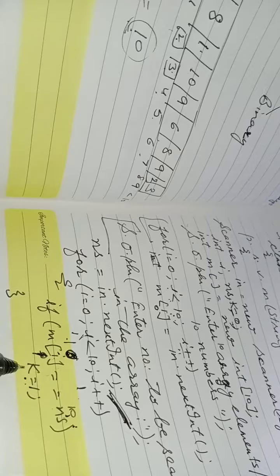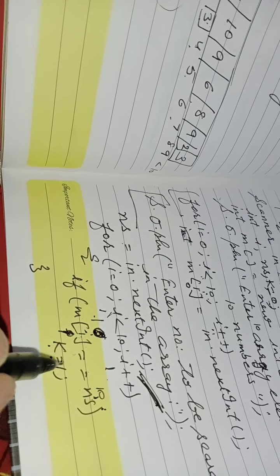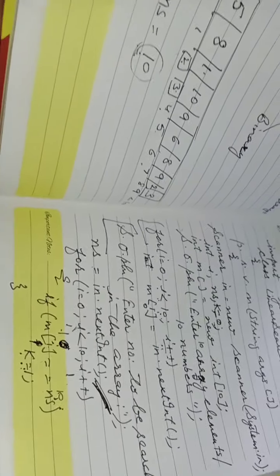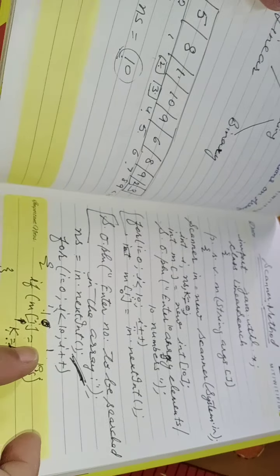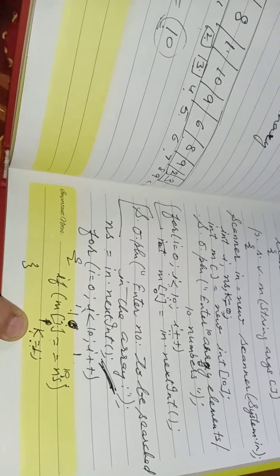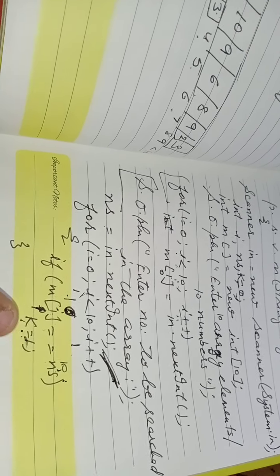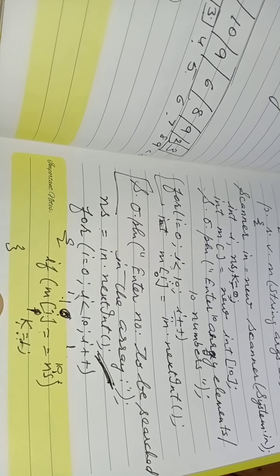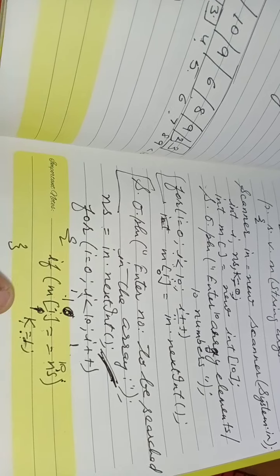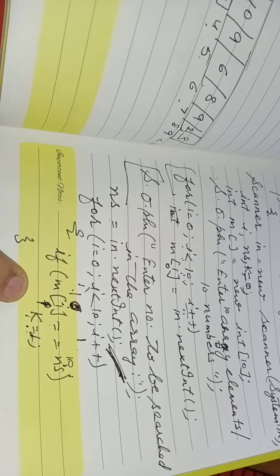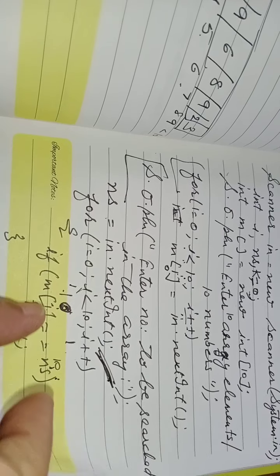Condition true. k becomes 1. Then further searching will be there. Either k will be 0 or 1. If k remains 0, it means the number is not present in the list. If k is 1, it means the number is present in the list.